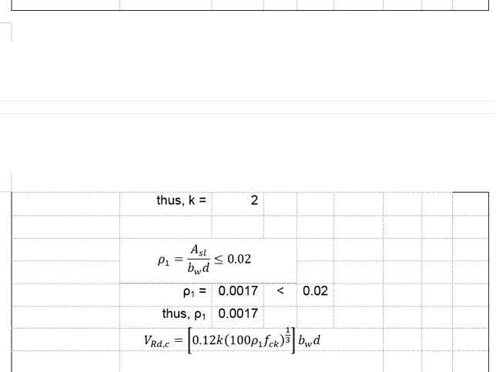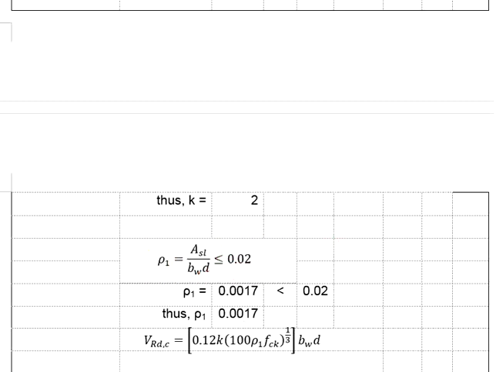For a typical slab, when the loads are relatively small, you will not expect your slab to be heavily reinforced. Therefore, under normal circumstances, the rho 1 will not be greater than 0.02.